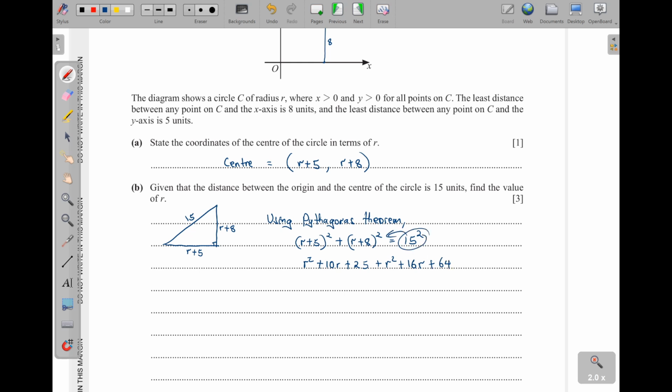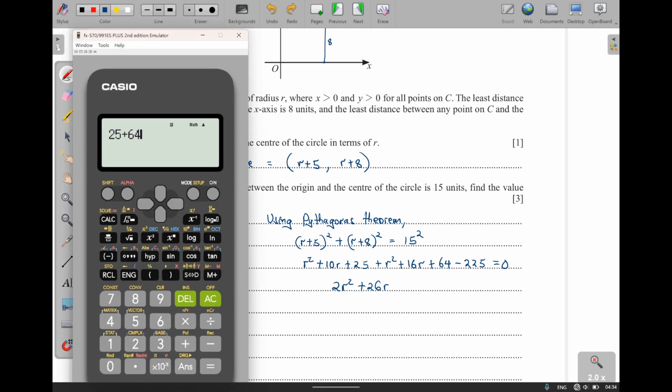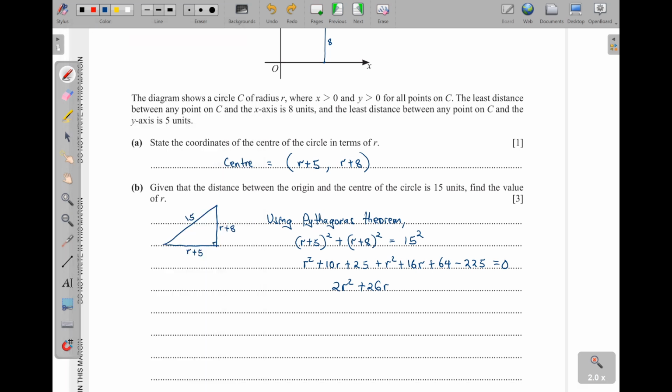Then you bring this on this side so that we form a quadratic equation, minus 225 equals 0. r squared plus r squared is 2r squared, 10r plus 16r is 26r, and 25 plus 64 minus 225 is negative 136.